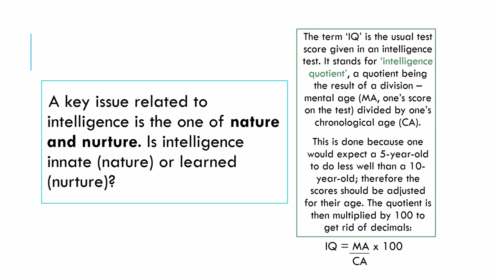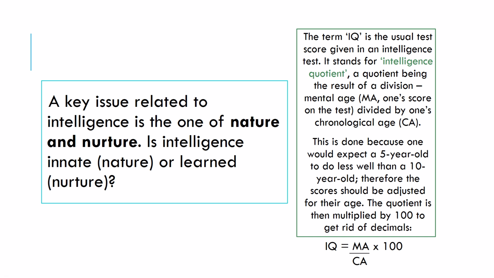Now, how those tests are often administered is their IQ tests. So IQ is the usual test score that is given, and it stands for intelligence quotient. Now, a quotient is the result of a division of the mental age, or your score on the test, divided by your chronological age or your actual age.